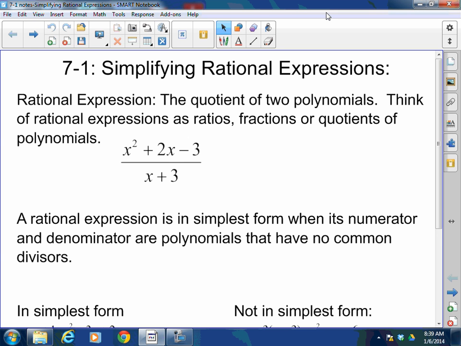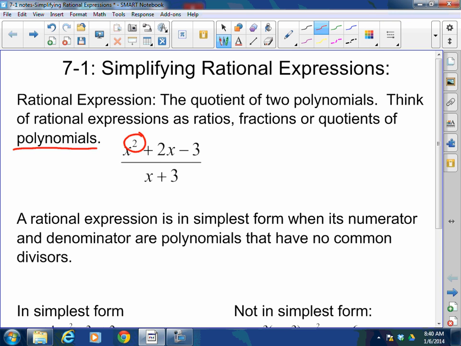With that being said, the definition of rational expressions: the quotient, remember that's division, of two polynomials. Think of rational expressions as ratios, fractions, or quotients of polynomials. Remember polynomials, one term is a monomial, two is binomial, three is trinomial, and then after that it's four-term or five-term or six-term polynomial. Remember the degrees of polynomials, my friends.